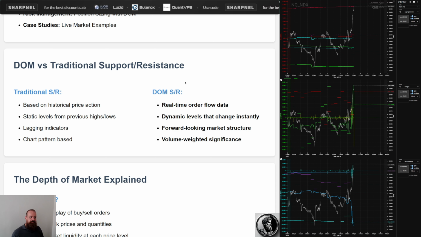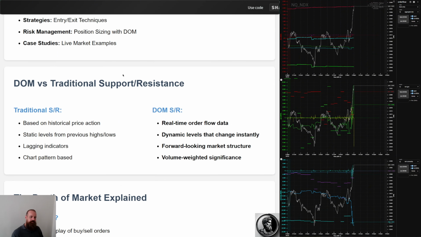But the difference is you're setting a support and resistance from previous, historical data, while on the DOM, you are looking at the order flow data in real time. Meaning you actually see a huge wall down here and a huge wall up here, meaning that is your current support and resistance. And the market is a live thing, so the support and resistance move during the day. It could be that a support or a resistance moves up or down. That happens, and that is normal.